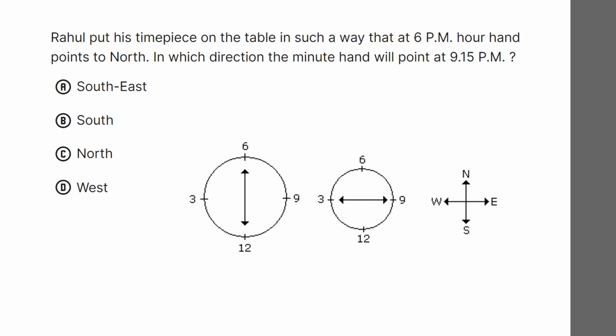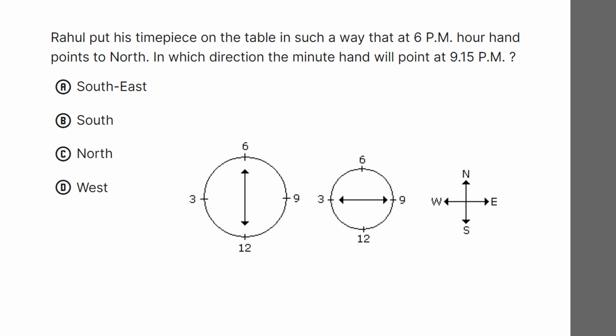Now, in which direction will the minute hand point at 9:15? So now how to solve this problem? As we know, the time is around 6 p.m. This is the hour needle, and then towards 12 is the minute needle which we have.